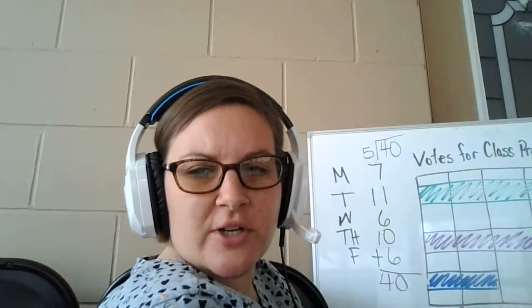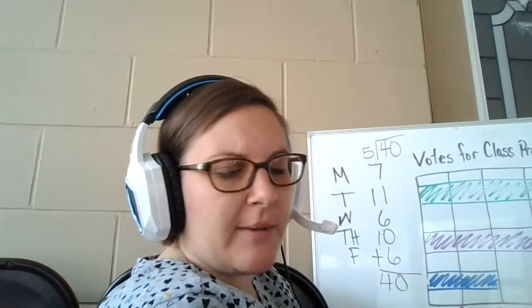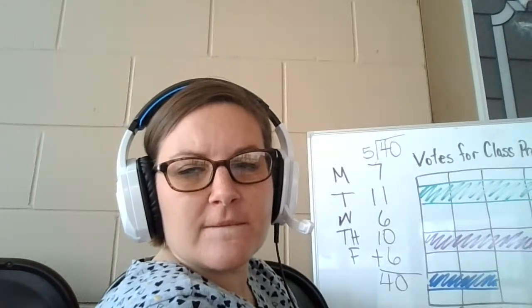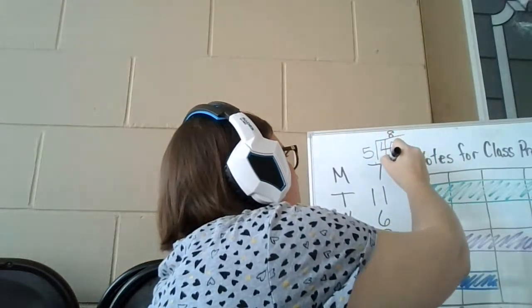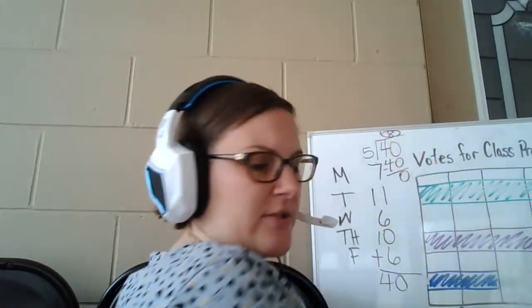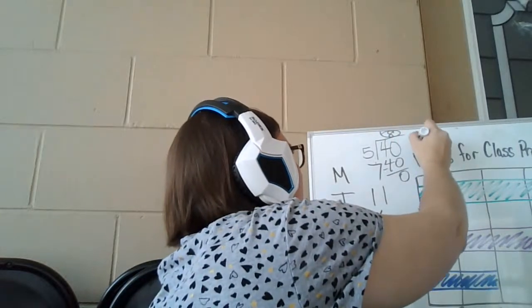What's the final answer? How many baskets did they pick? Good, 8. 8 times 5 is 40, minus 0. That's your answer. They picked 8 baskets.